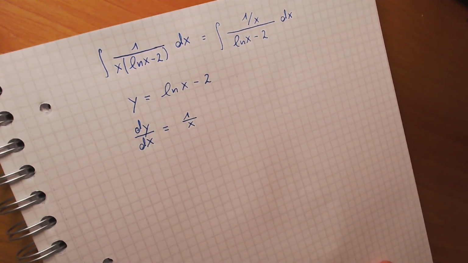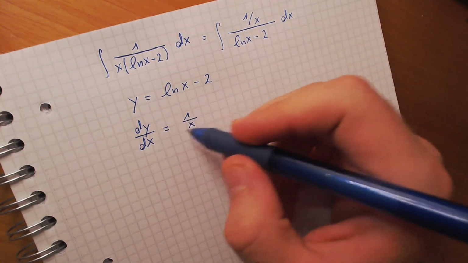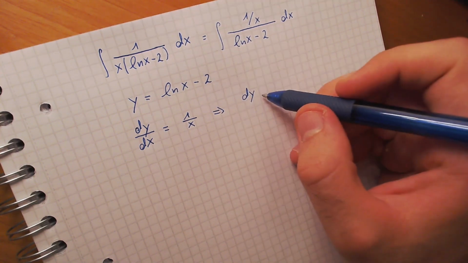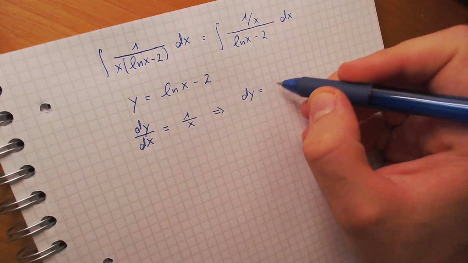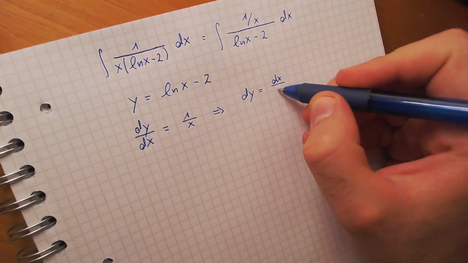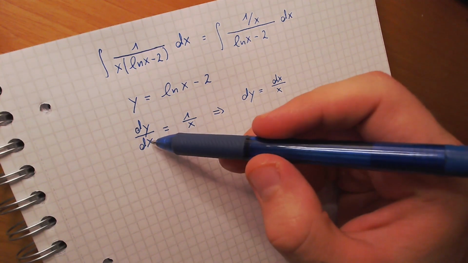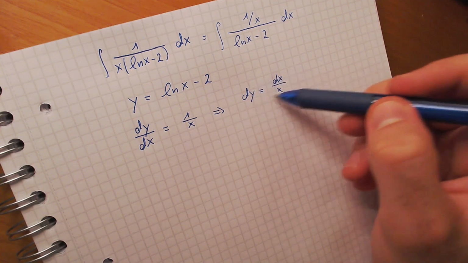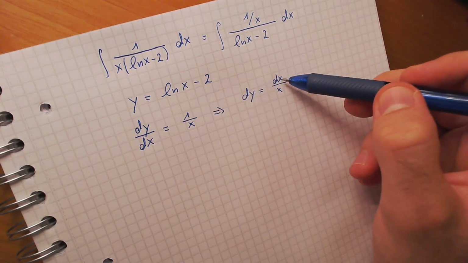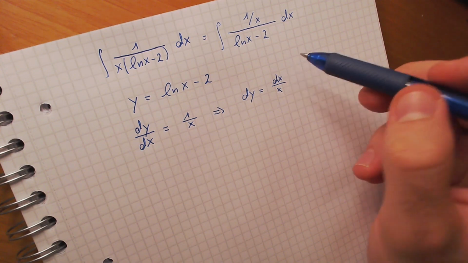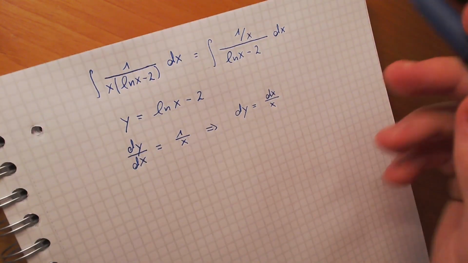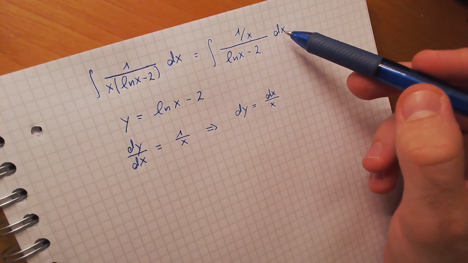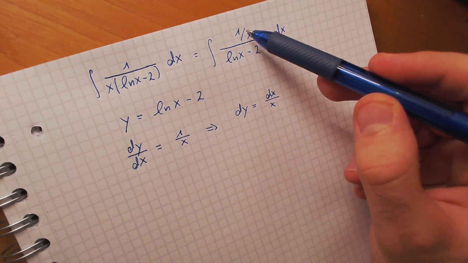From this equation we can say that dy, the new infinitesimal term, will be dx over x. Here we moved dx to the right side of the equation, and we obtain this relation between dy and dx. As you can see, the denominator is this one: dx and 1 over x.